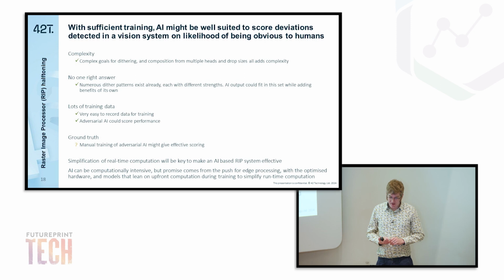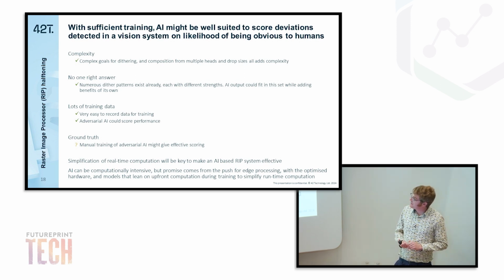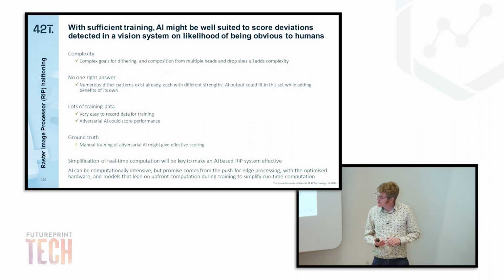So I think here, on our tests, it hits most of the tests. I think in order to get a ground truth, you probably would need to manually train an adversarial AI. So this is actually an AI that marks the homework of the AI we're creating and says, this is something that will look smooth where it's supposed to look smooth. This is something that you can read that text successfully.